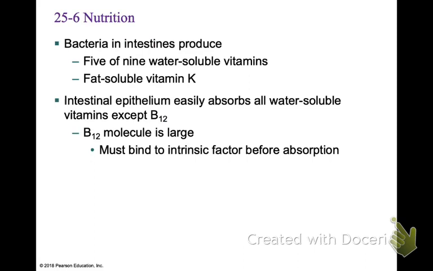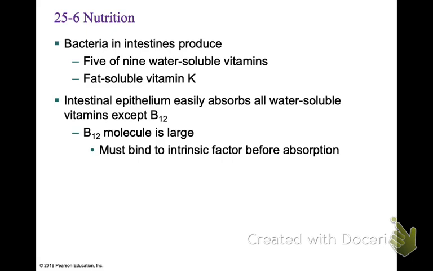Bacteria in your intestine are supposed to be there. They're contributing to your health. And they produce some of the B vitamins as well as vitamin K. The only vitamin that you have trouble with is B12. And B12, which contains cobalt, is a really large molecule. And your stomach would digest it, or you wouldn't even absorb it if you didn't take extra steps.